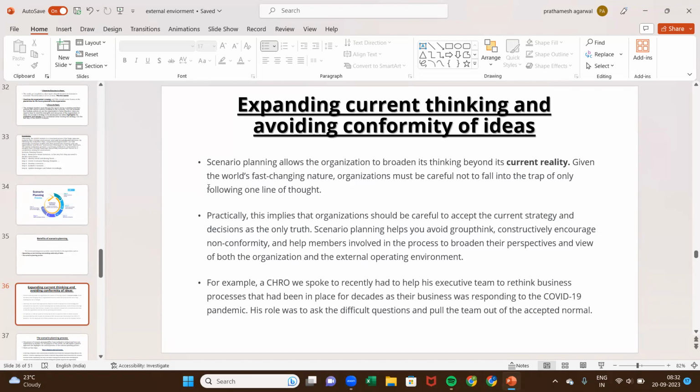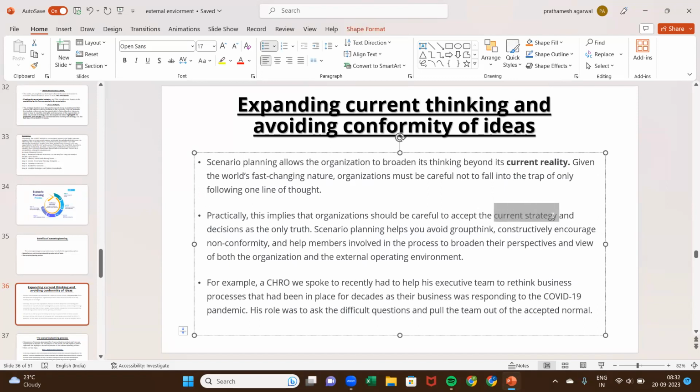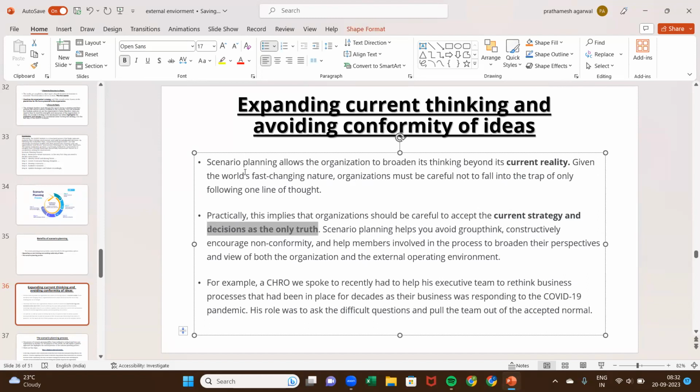Their think tank, the people who are doing this strategy planning, should think, they should analyze, they should take in-depth knowledge of their issues and problems and then only start working. Practically, this implies that organizations should be careful not to accept the current strategy and decisions as the only truth. So, what is in your present? All right, that is truth. The future is hypothesis, it is assumptions. If this can happen and this cannot happen.